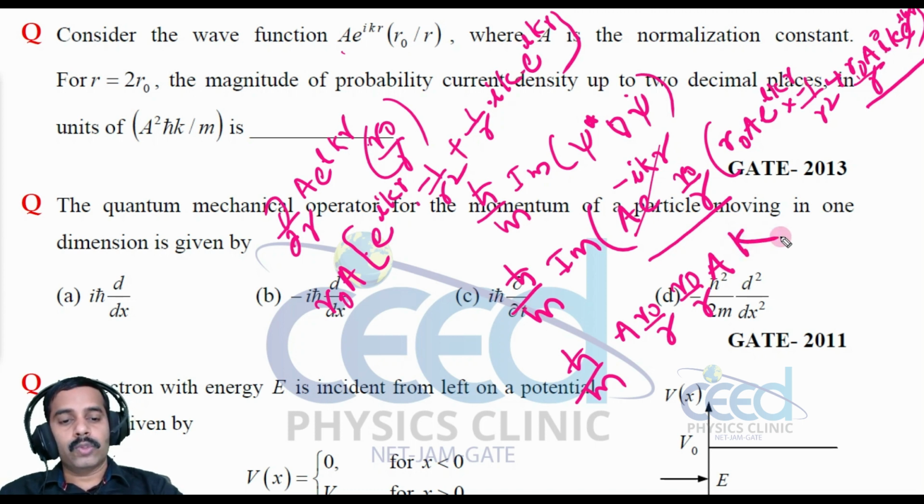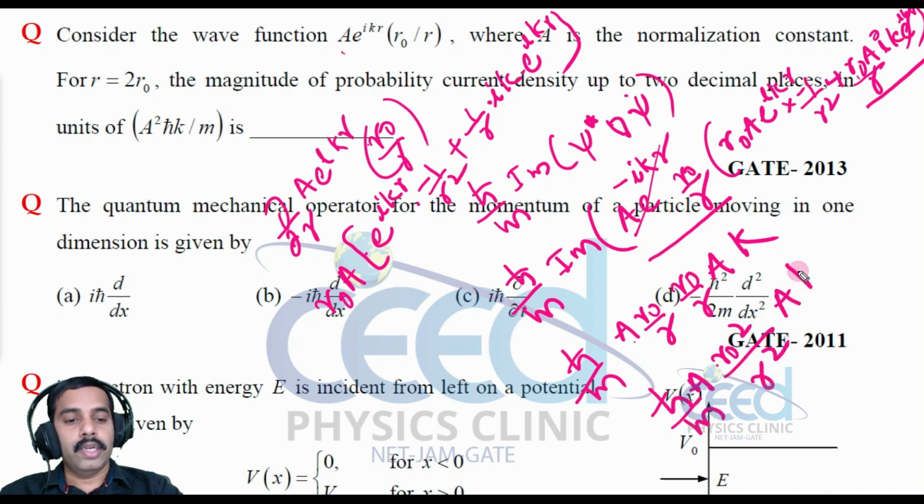So that is h cross by m, h cross by m a, a into r0 square divided by r square divided by a k. So h cross by m a square k.